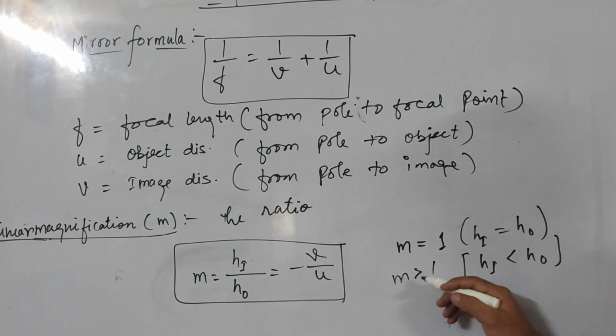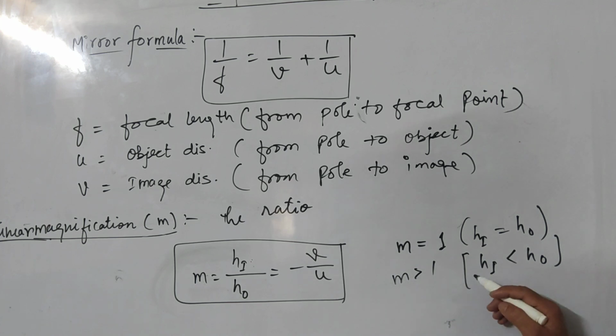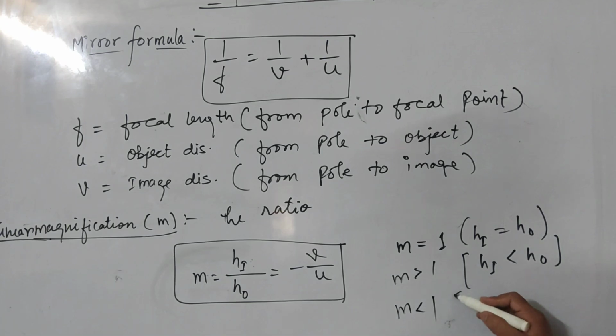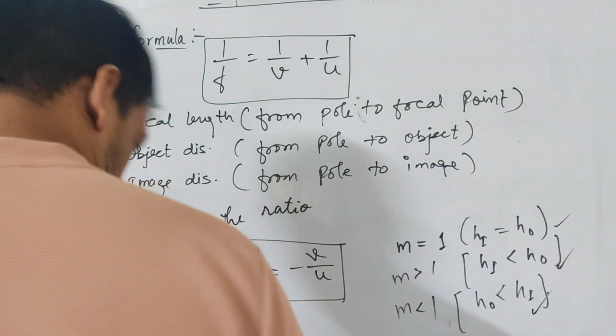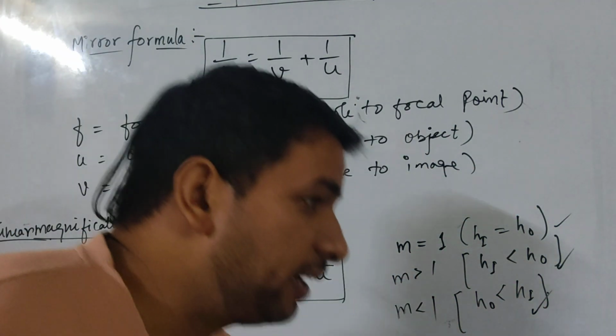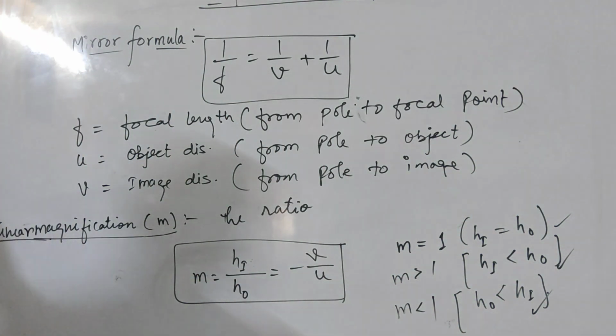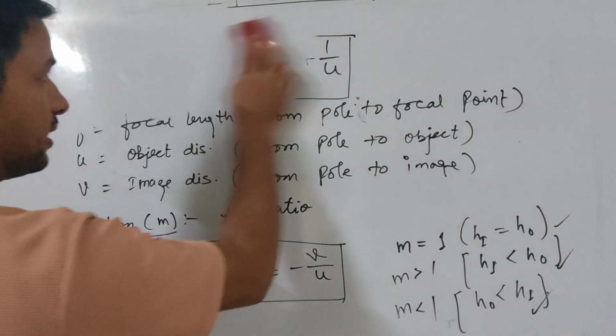And m is less than 1, that means HO is greater than HI. This is the situation. Clear? So these are the things and these are the conditions in this topic. Kindly note down these formulas. Clear?